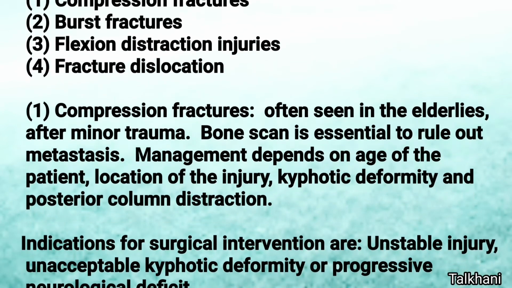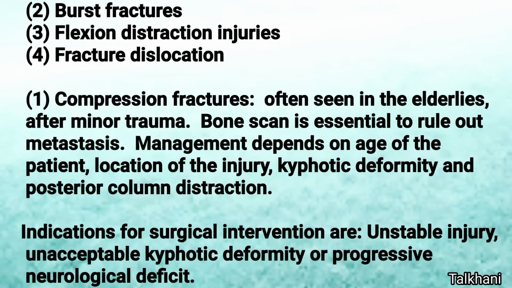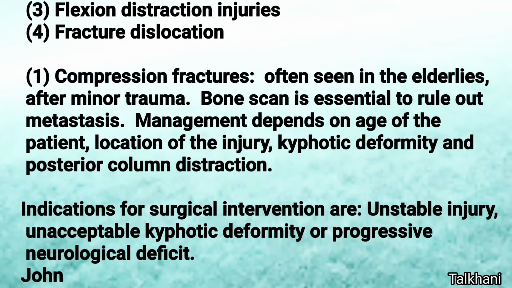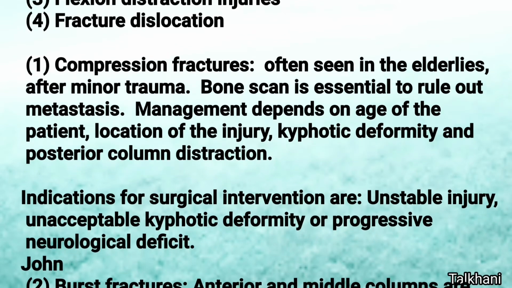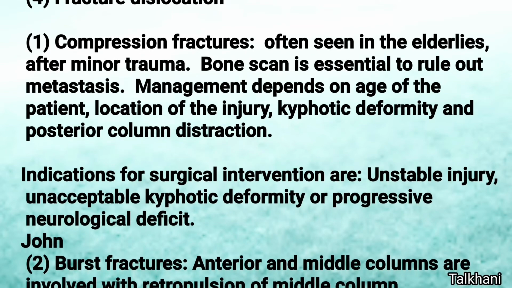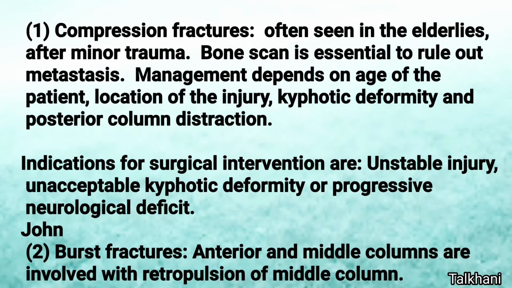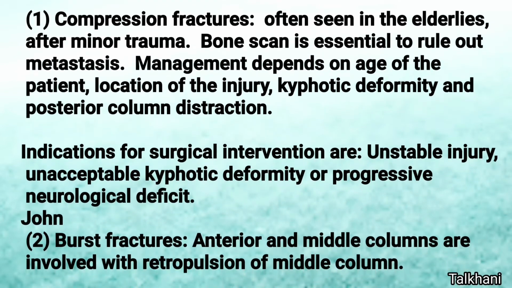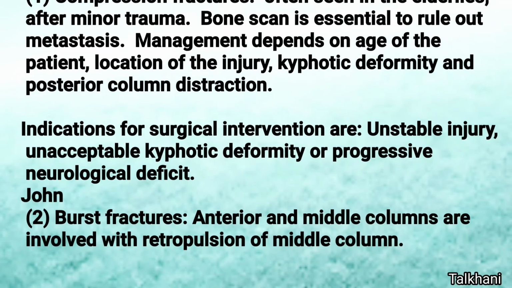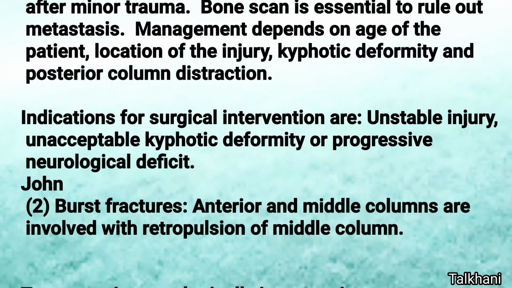Bone scan is a very useful tool to rule out metastatic lesions. Management depends on age of the patient, location of the injury, kyphotic deformity, and posterior column distraction. Indications for surgical intervention are unstable injury, unacceptable kyphotic deformity, or progressive neurological deficit.